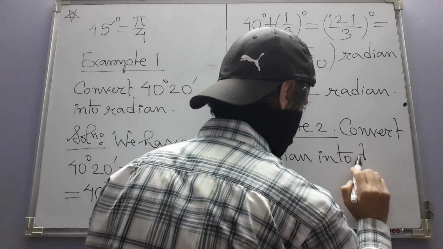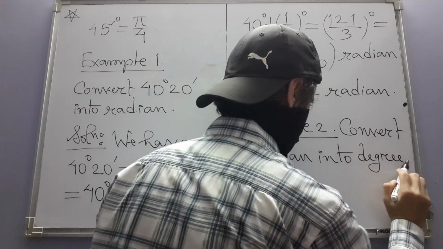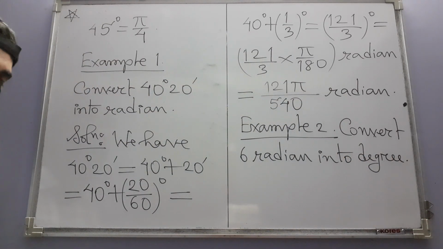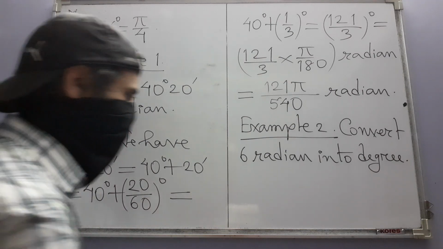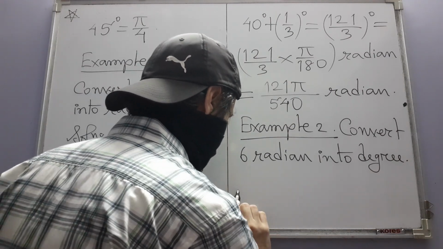Into degree. So this is simpler than this one. Here radian means just radian, so we can straight away convert.